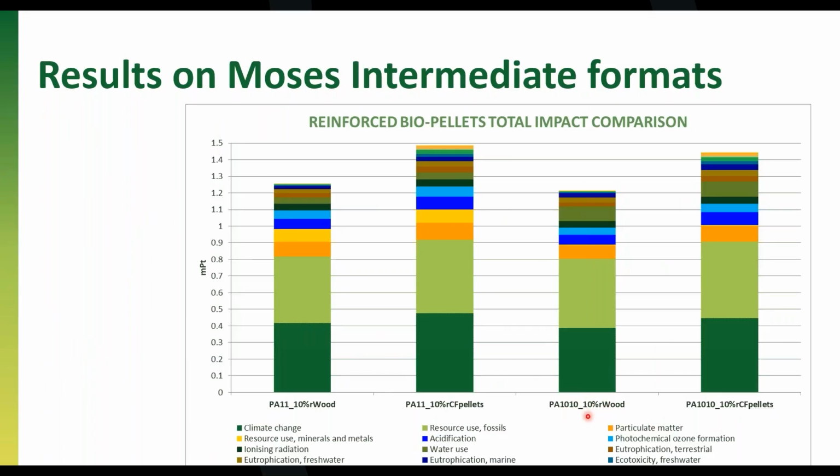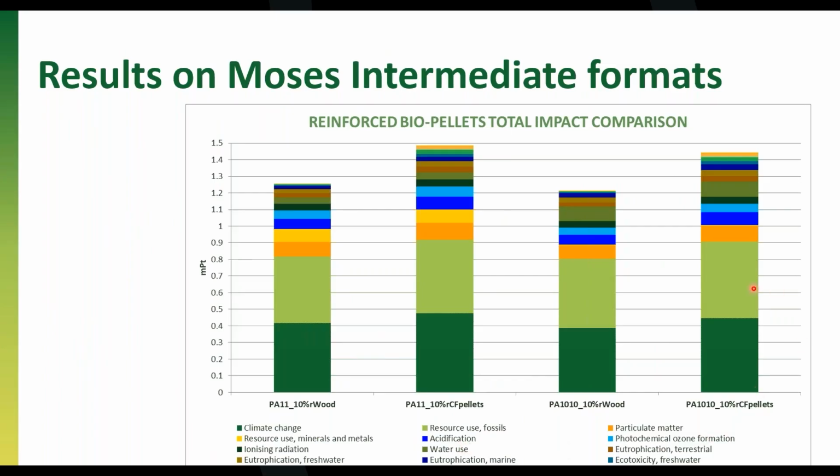And as it was mentioned, the polyamide 1010 reinforced with recycled carbon fibers has a higher impact than the recycled wood. This is mostly due to the fact that even if they're recycled, those carbon fibers were recycled using a pyrolysis process, which is quite energy demanding, and it had a large impact finally on the overall product.